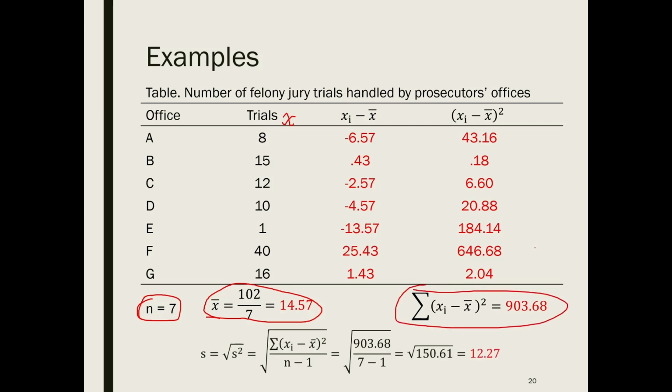So again, the standard deviation is the square root of the variance, and the variance, as we mentioned before, is 150.61. You take the square root of it, that would be 12.27. Okay, that's the standard deviation in this example. It's quite simple as long as you know how to calculate the variance.